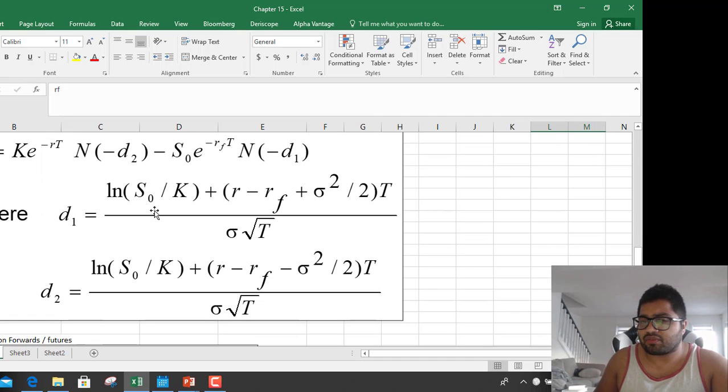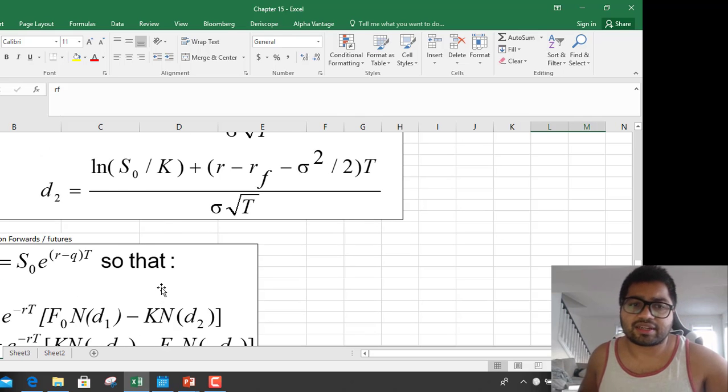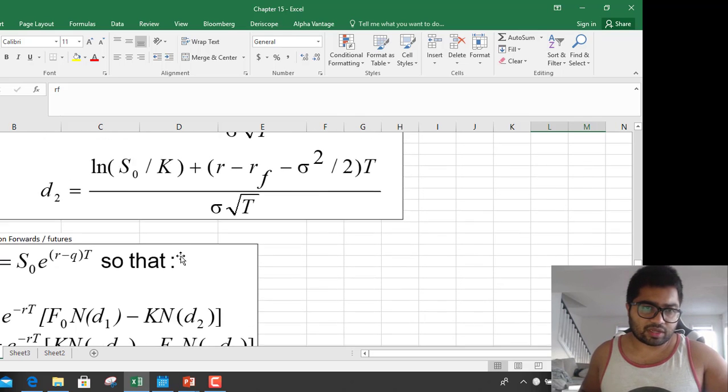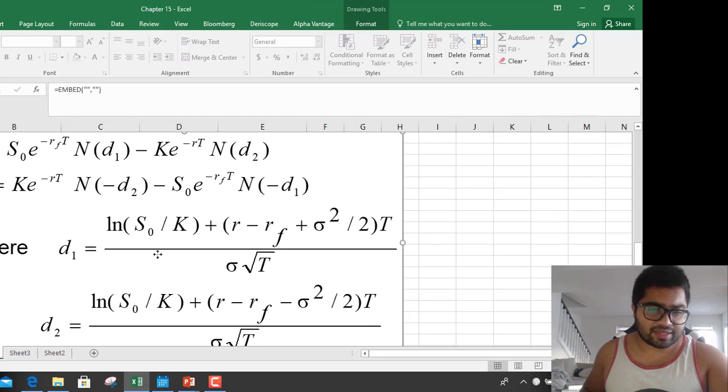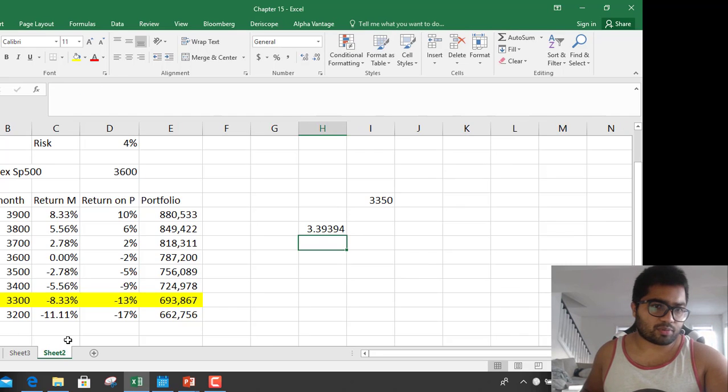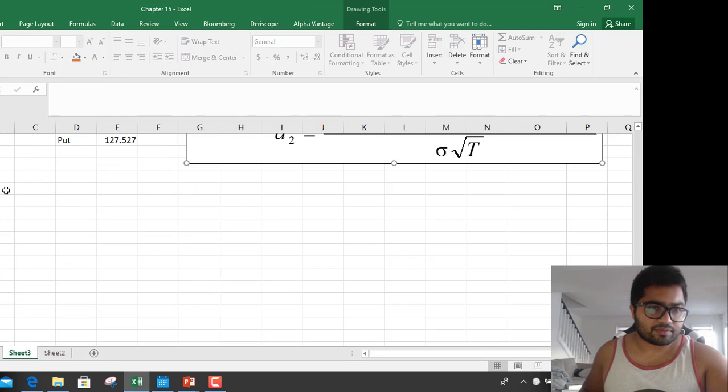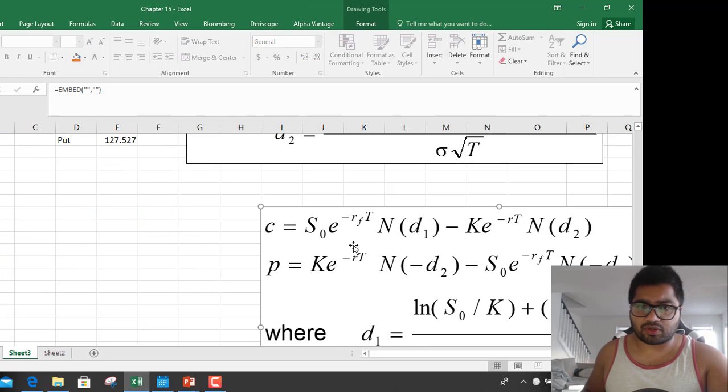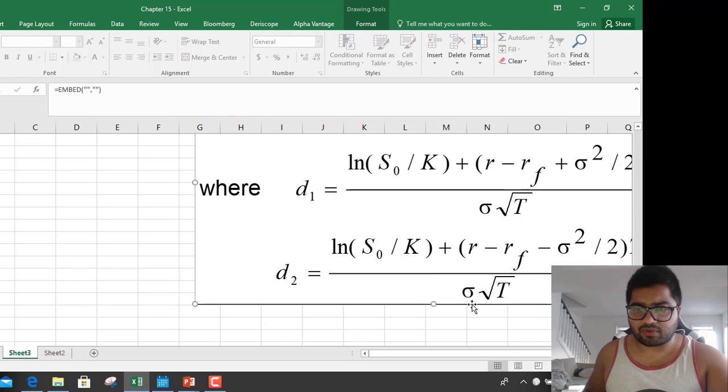Where D1 is natural log of S0 by K plus R minus the foreign risk-free rate, so the difference is we subtract the foreign risk-free rate from the normal Black-Scholes model, plus sigma square by 2 t divided by sigma root of t, and you subtract it when you calculate D2. Okay, so that is the forward. So let's copy this and do one problem based on that. So for currency, this is the model that we are going to follow.